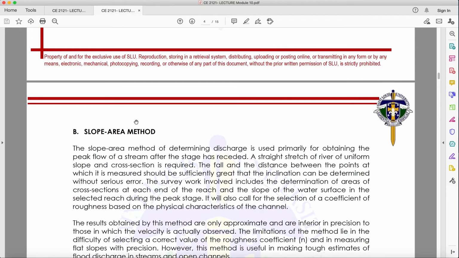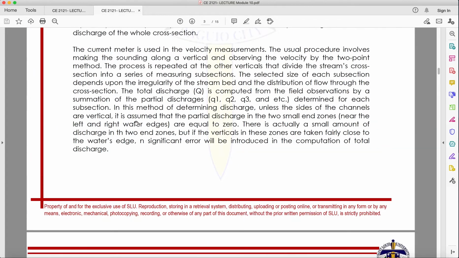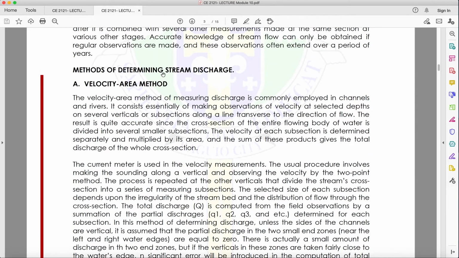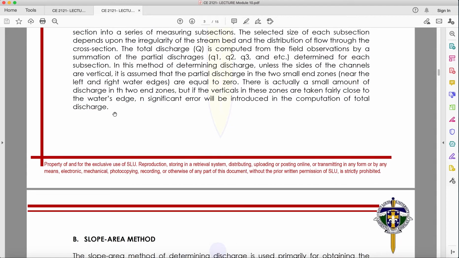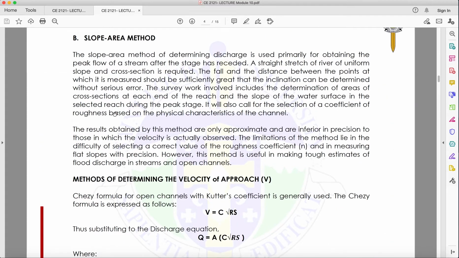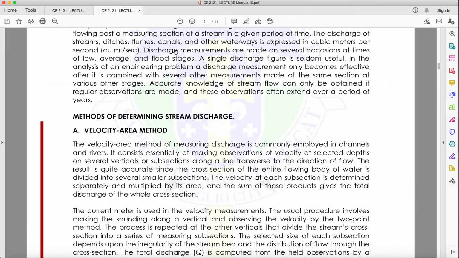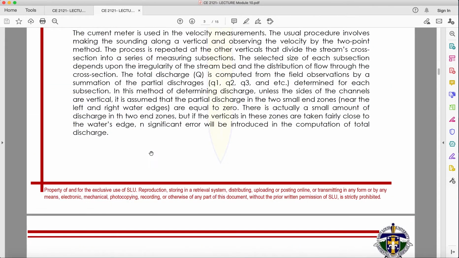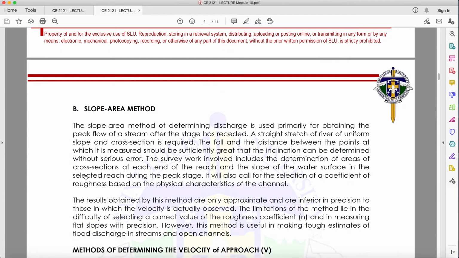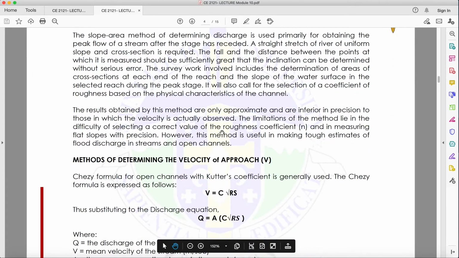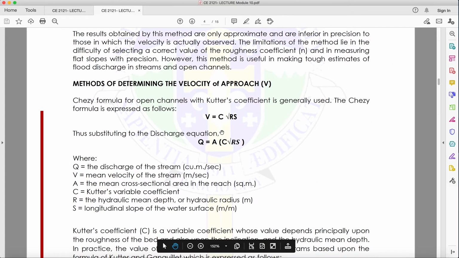So if we want a precise measurement for the velocity, itong method na to, this will give us precise or accurate data compared to the slope area method. But if it is very difficult to use this method, then we use the slope area method for rough estimate. Okay.